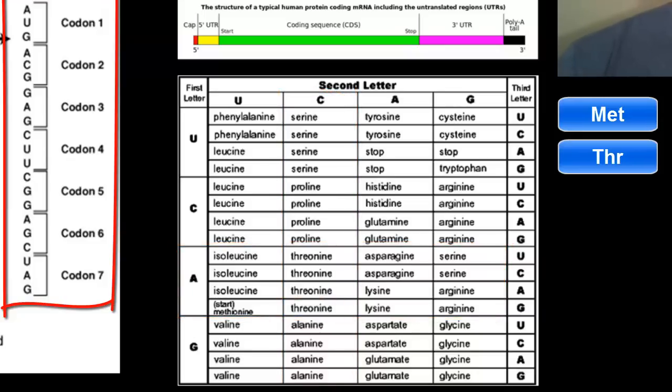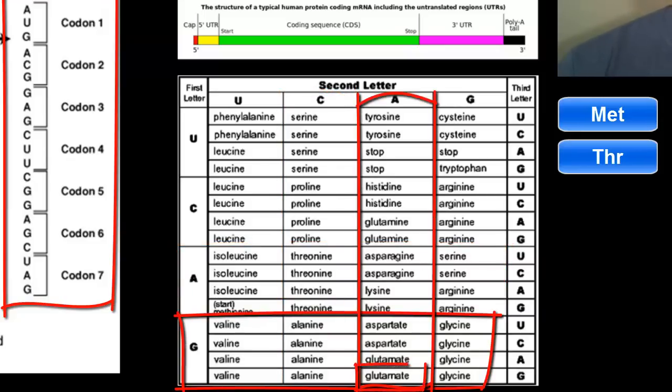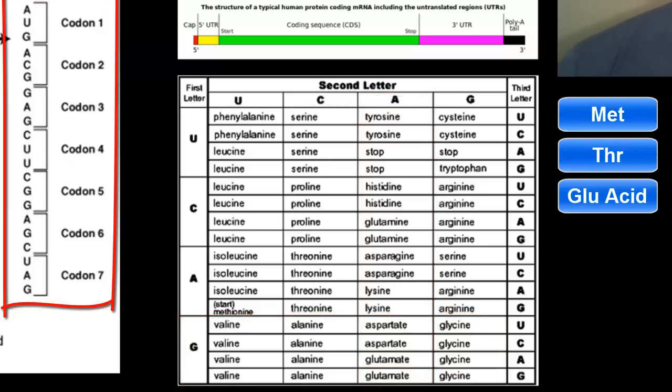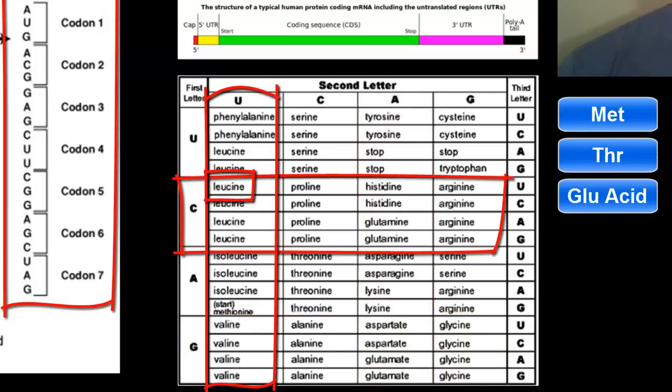Codon 3 is GAG. What would that match up to? It says glutamate there. It's also known as glutamic acid. Either way, it's fine. So we'll just go with the chart. Glutamate is 3rd. CUU, what would be the amino acid CUU would match to? Hopefully you got a leucine, right?